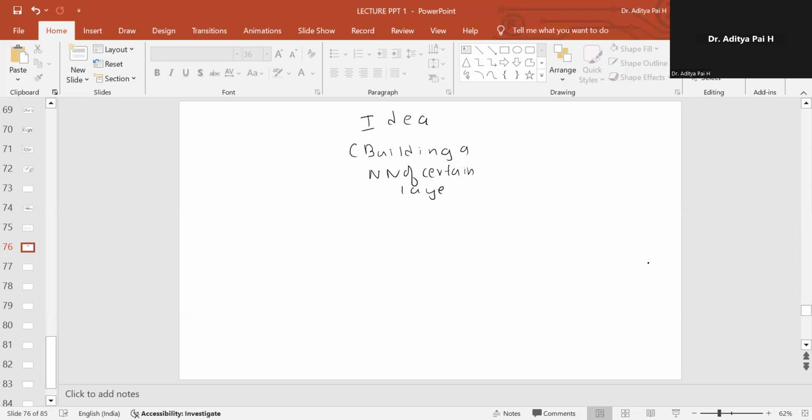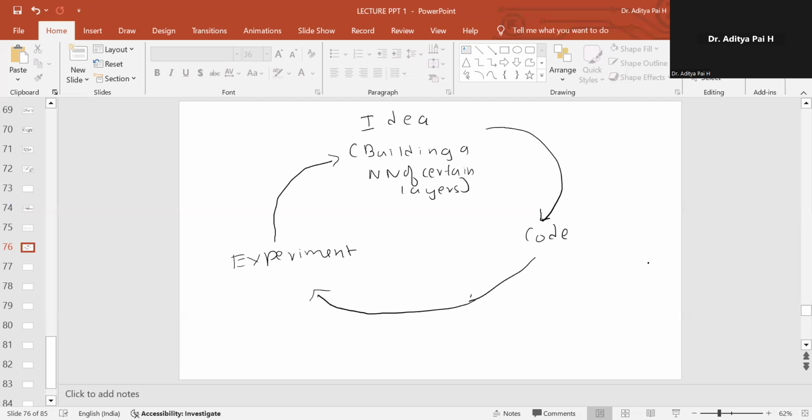Then I code them up using some programming concepts. Then I do the experiment, and that is how the configuration works. Based on the outcome of the experiment, you try to refine the ideas.